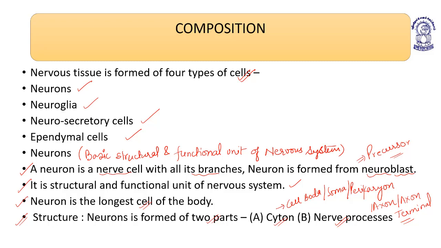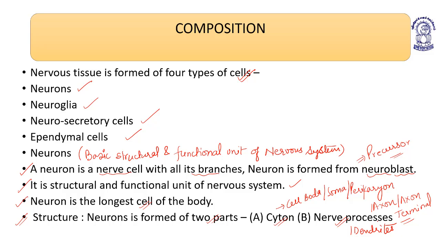These nerve processes also contain axon terminals, and they also include dendrites. So the two parts of a neuron are the cyton and the nerve processes, which include dendron and axon.